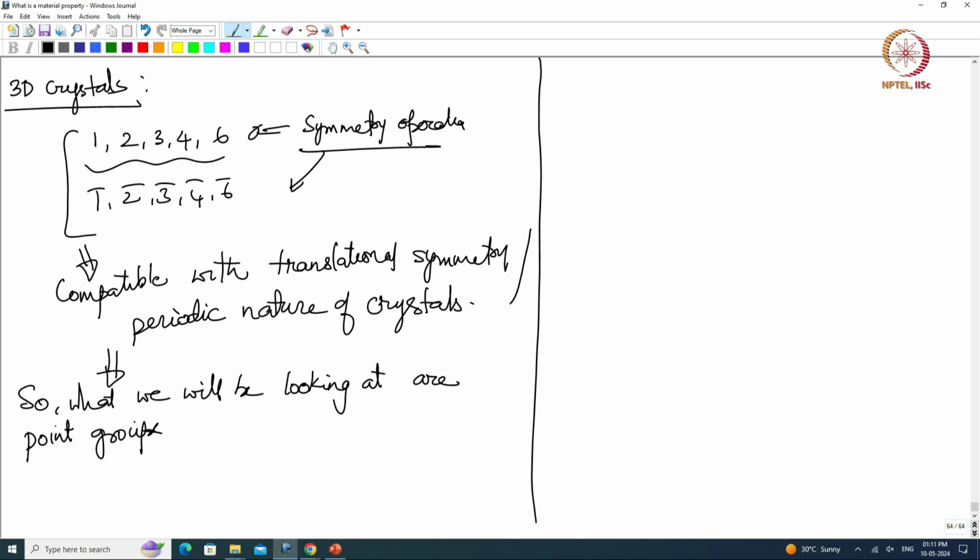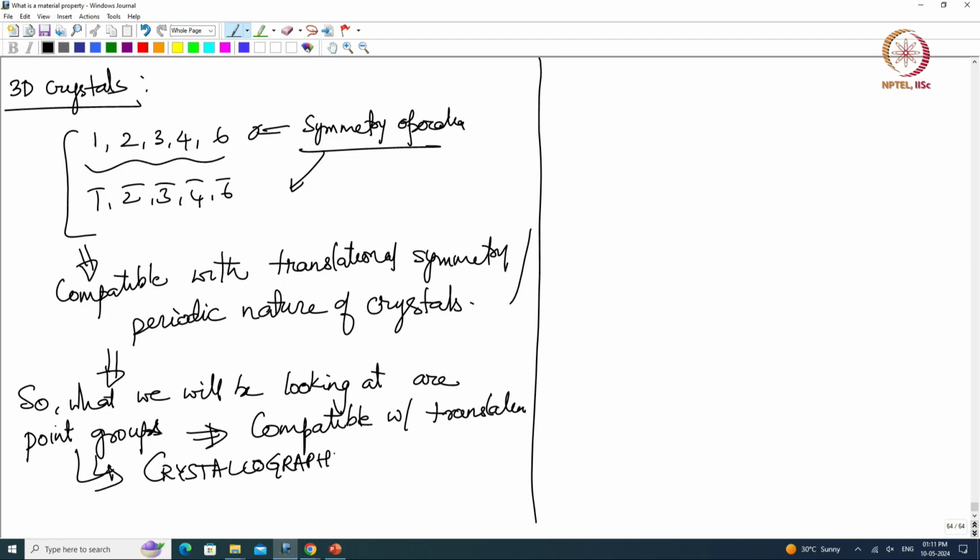You can have one, but you can have multiple of these operations which are just compatible with translation. So these are called not just point groups, but crystallographic point groups, because by crystallographic I mean that they are compatible with translation symmetry.